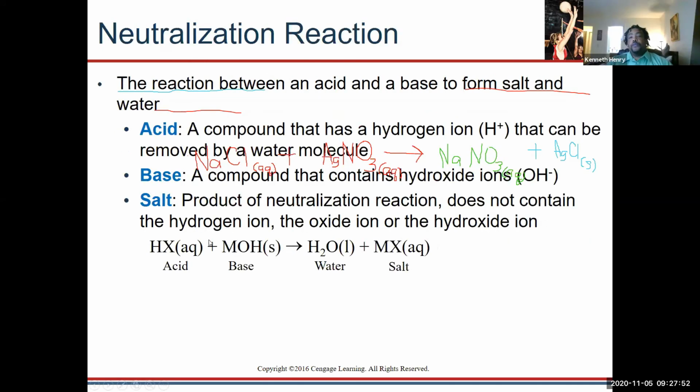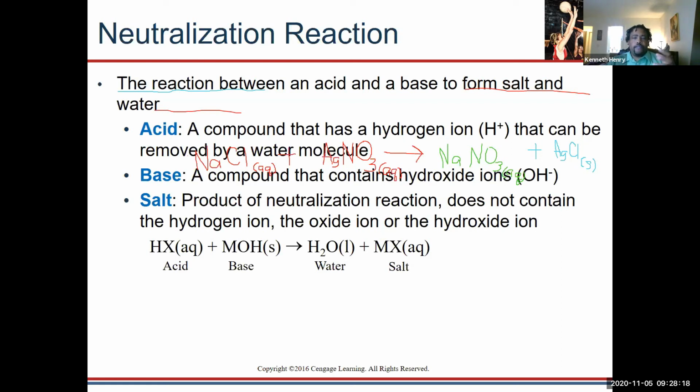Okay, so a special case for a double replacement reaction is the neutralization reaction. The neutralization reaction is just when you use an acid and a base. Both of those are ionic compounds or ionic solutions, okay? So they're also going to do a double replacement.